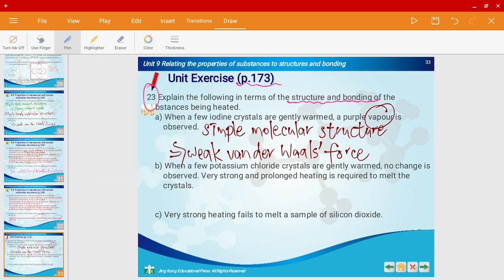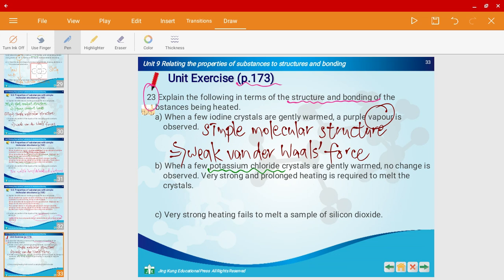Okay, now let's read question B. When a few potassium chloride crystals are gently warmed, no change is observed. So gently warming it, nothing happens. However, when very strong and prolonged heating is done, the crystals are melted. So potassium chloride. We know potassium is a metal, chloride is a nonmetal. So this is an ionic compound.